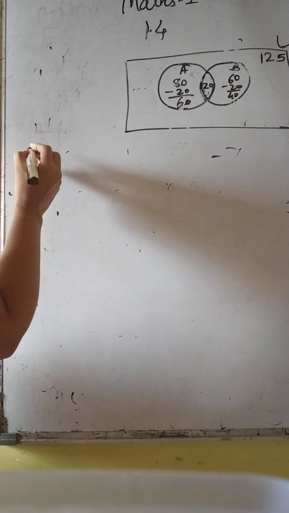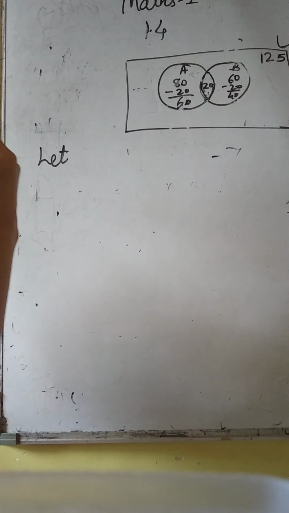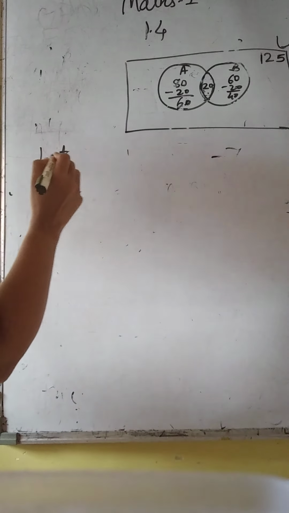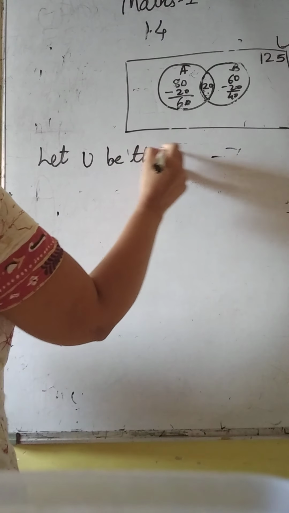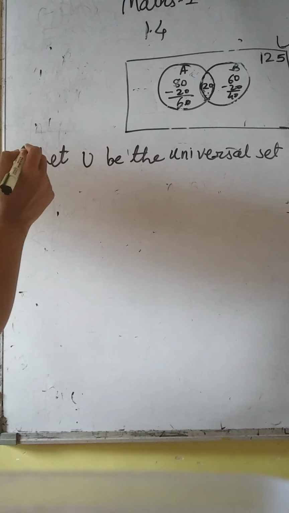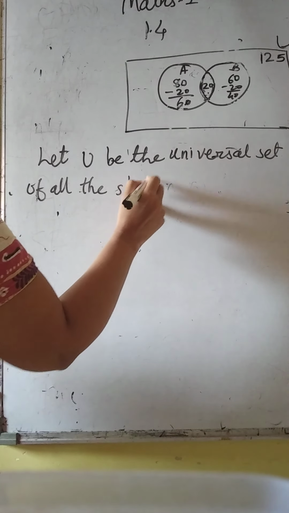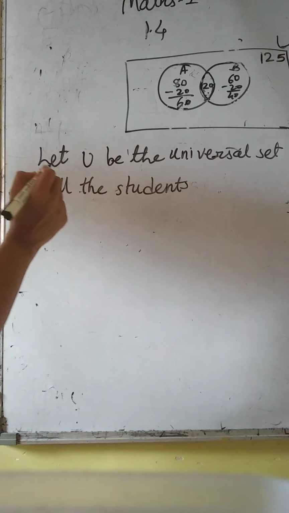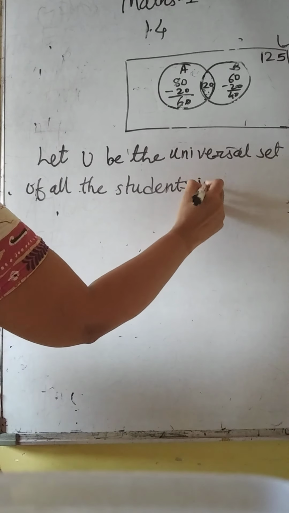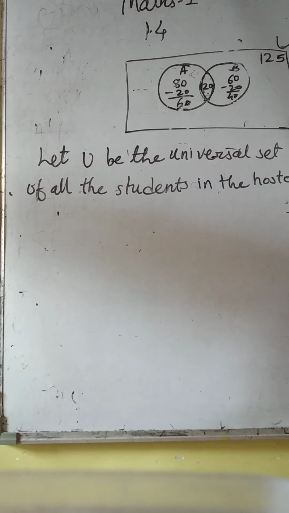So we have to write down what is U, what is A, what is B. Write along with me, I am speaking also. As I am speaking, you can write also. Let U be the universal set of all the students in the hostel. So we have defined U. Correct?